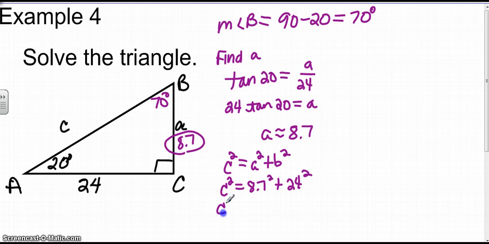So C squared is 65,169. I got that straight off of my calculator. And by taking a square root, C is about 25.5.